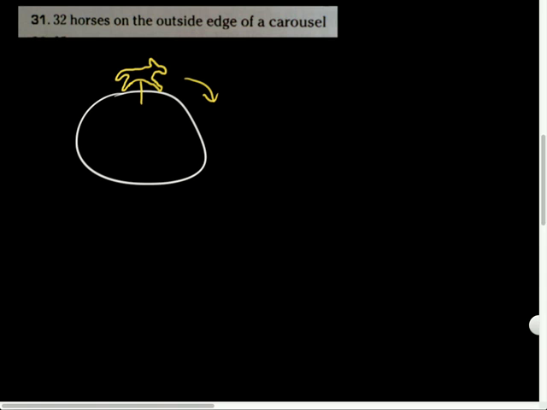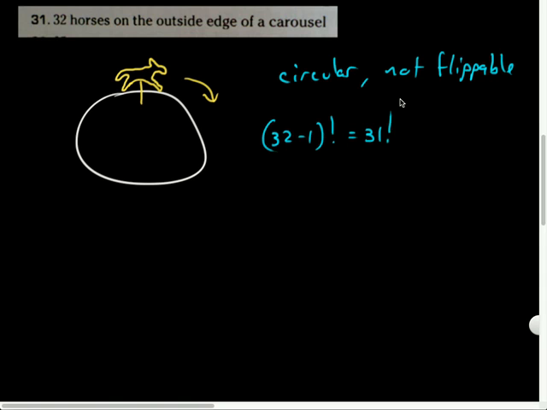There's not a fixed point, so I would argue that this is circular. I don't think this is a flippable situation. So 32 minus 1 factorial, or 31 factorial, that's going to be a huge number.